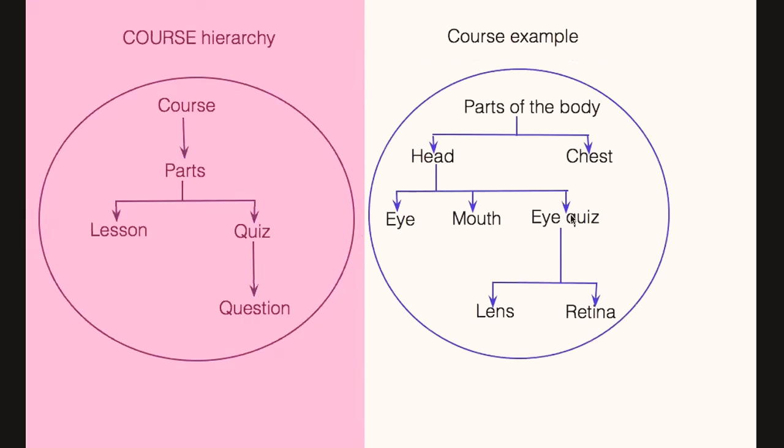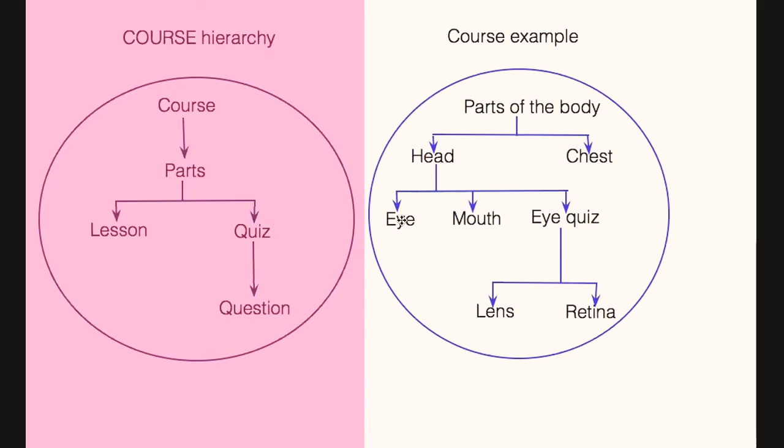So for example, if I was trying to teach you different parts of the body, that could be the course, and the different parts could be like the head and the chest. That could be like unit 1 head, unit 2 chest. And out of each of these units or parts, we could have different lessons.